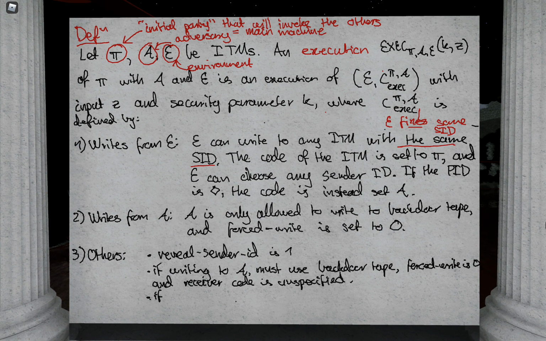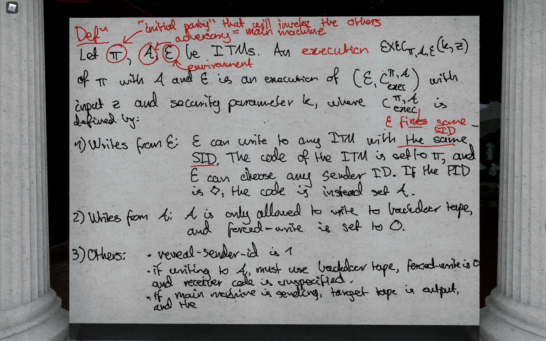So if the main machine is sending, and the target tape is output, subroutine output, but I'm shortening this.